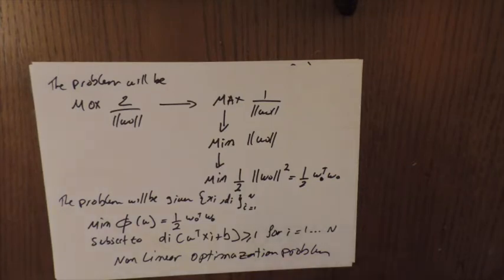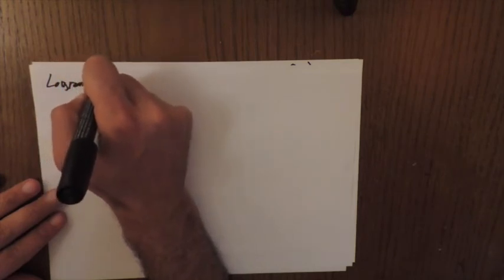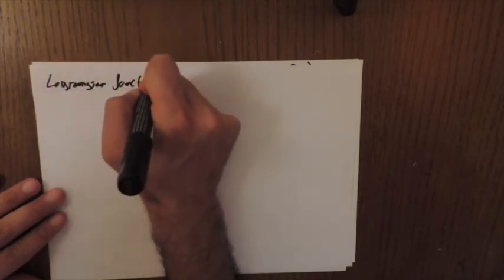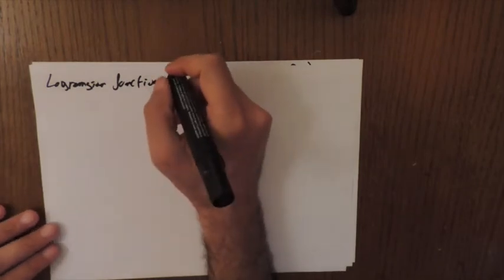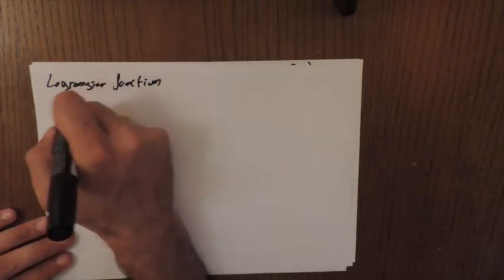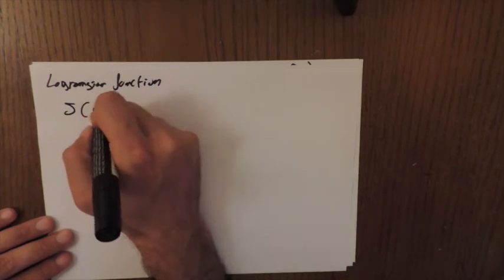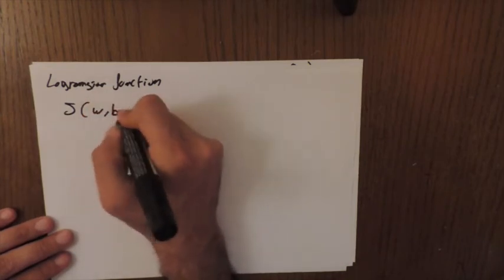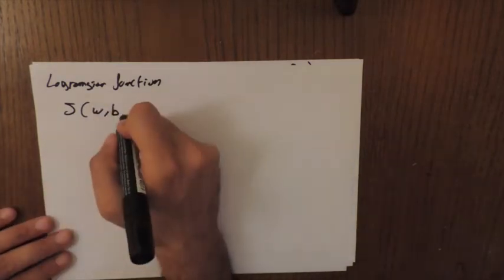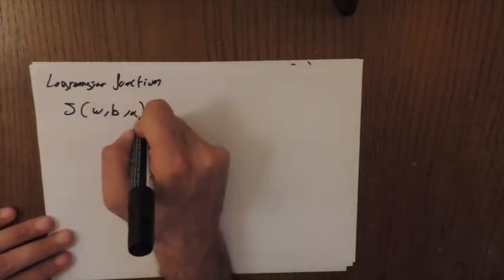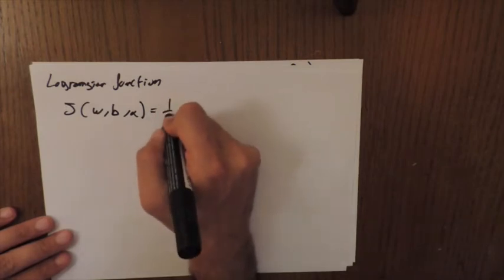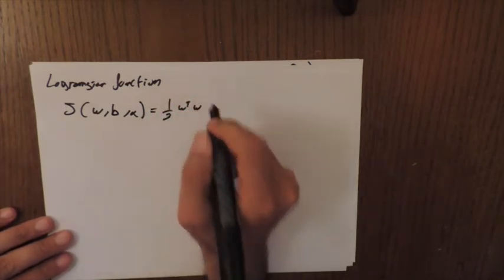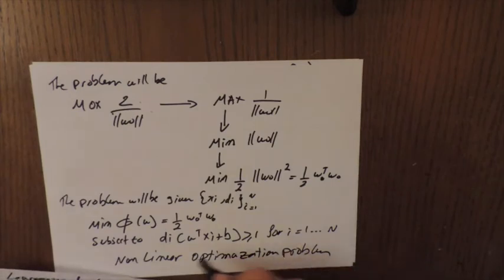So from here, let's go to the Lagrangian function. Here we are now solving the optimization problem using Lagrange. I'm going to call the Lagrangian function, which is now a function of the weight, the bias, which are my two unknowns, and now a Lagrange multiplier alpha. It's equal to half w transpose w, and now I multiply alpha by my constraints.